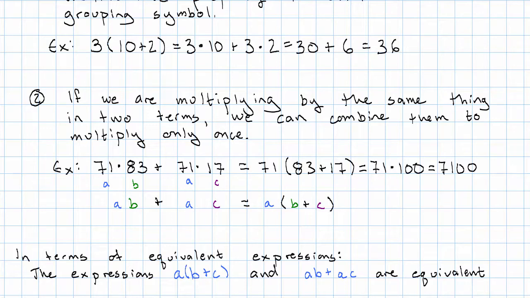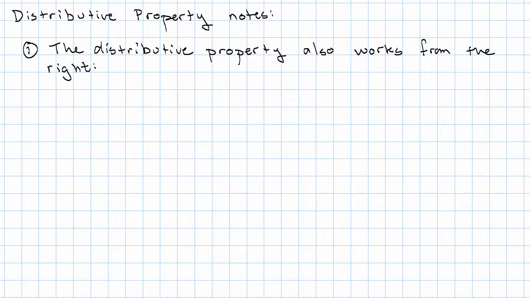The other two things we need to note about the distributive property are, first, that it also works from the right. So if I have (B plus C) times A, I could write that as B times A plus C times A, no matter what A, B, and C are.